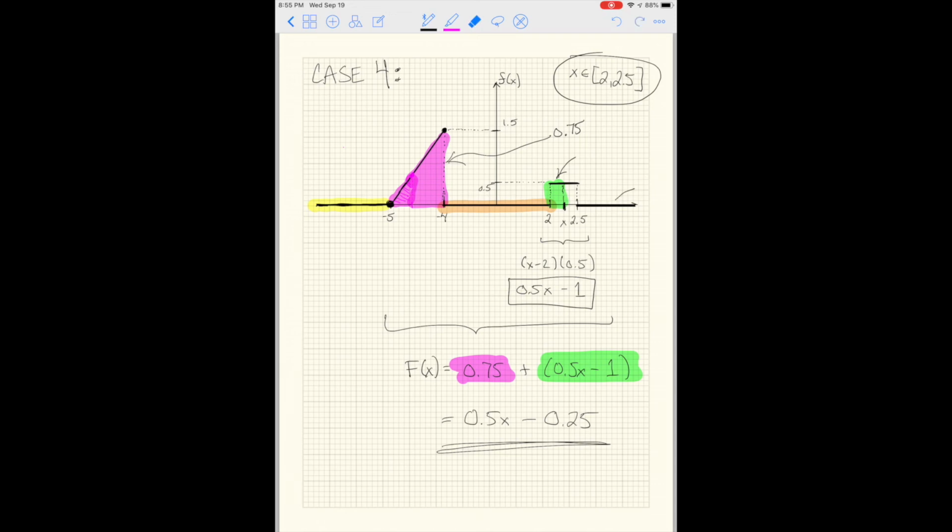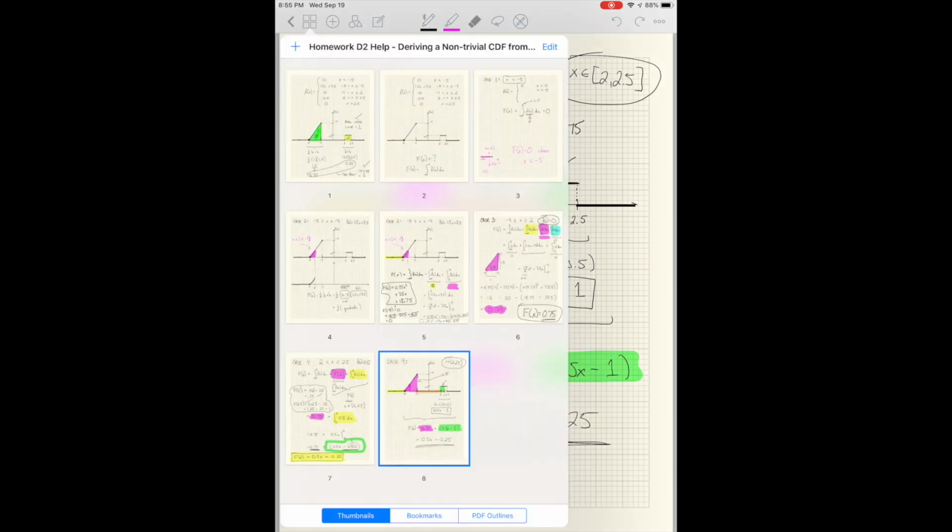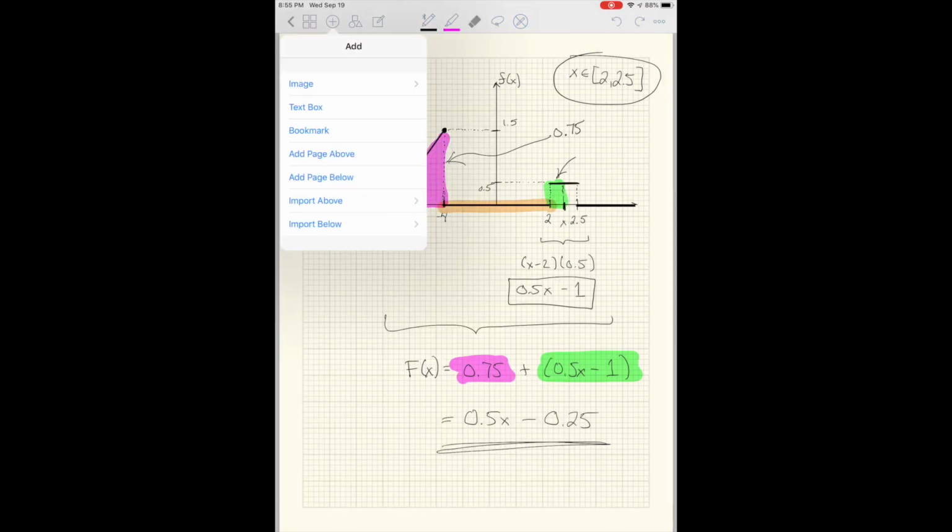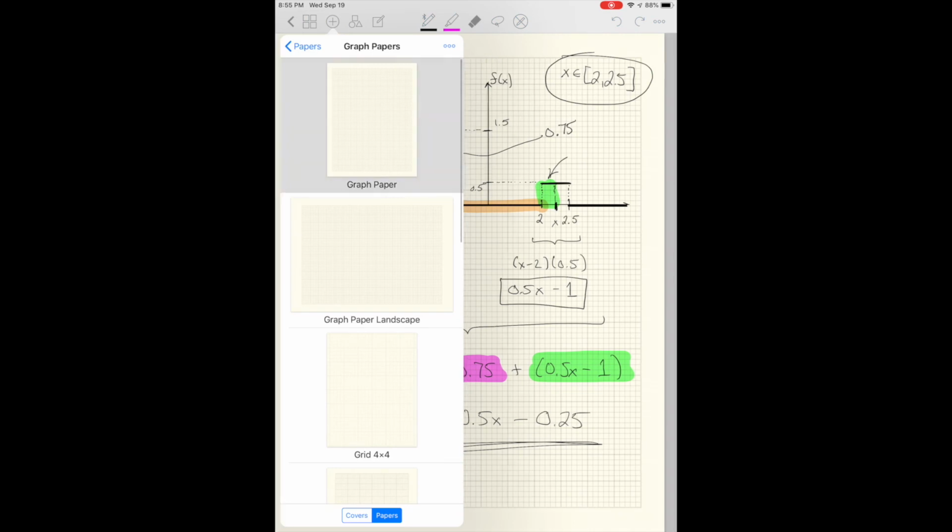And so I can, I guess, do that case just to make absolutely sure. So let's add a page below.